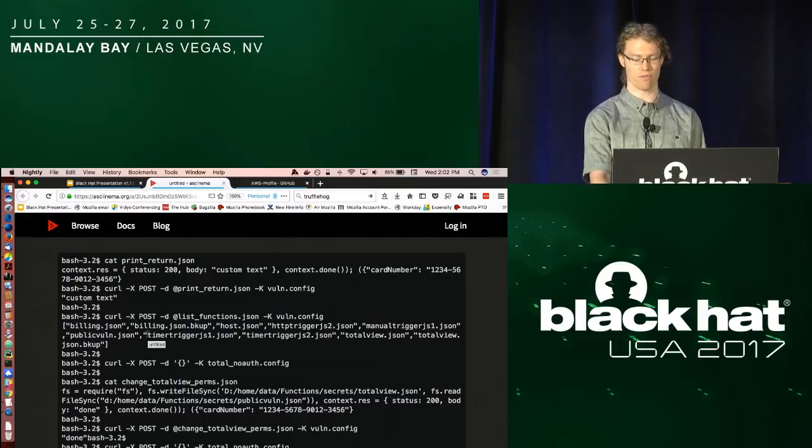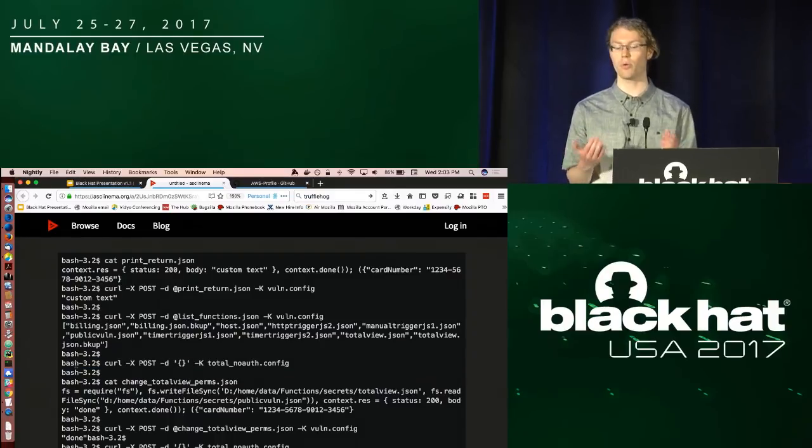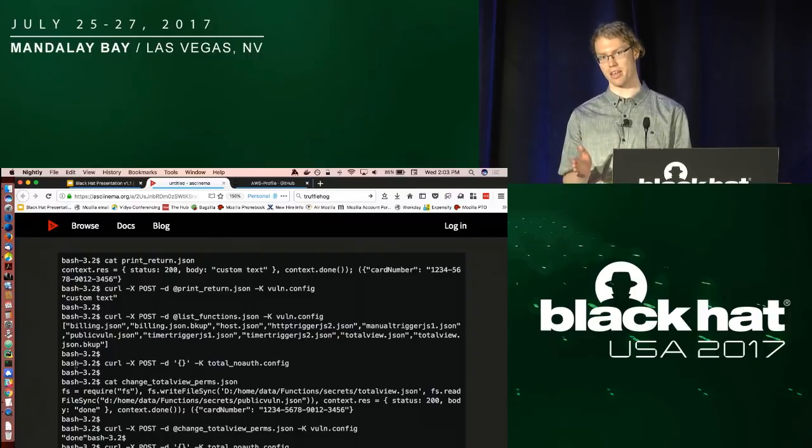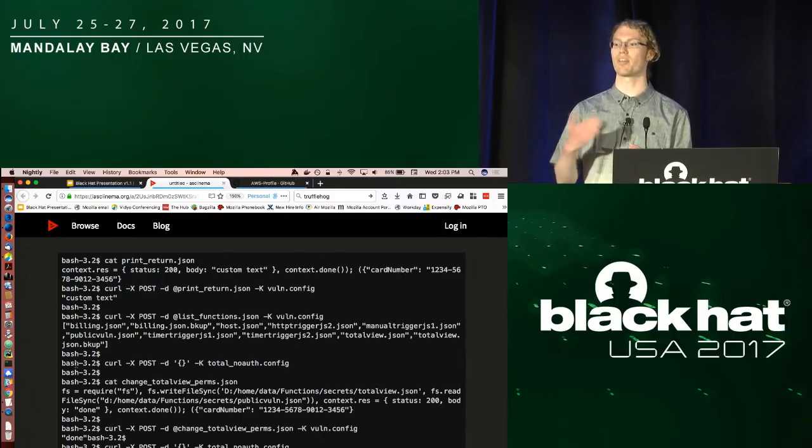We'll try total no auth first. So we do our curl, send in no data, and we try to hit that endpoint, and we get nothing back. This is empty. This is because total no auth uses a different API key, because even within the same app, you can set different API keys required for each function. However, that doesn't need to stop us, because these keys are all stored encrypted on disk, but they're all encrypted against the same key from function to function.